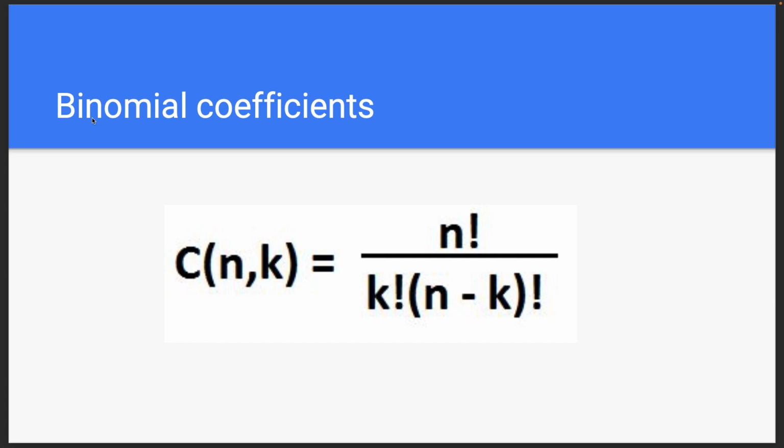Why? Because when we are choosing these k numbers, the order of these first k numbers is not important for us, so we are actually counting that for nothing. So we counted every way k factorial times. And apart from that, the order of the remaining numbers is not important, so we should also cancel that.